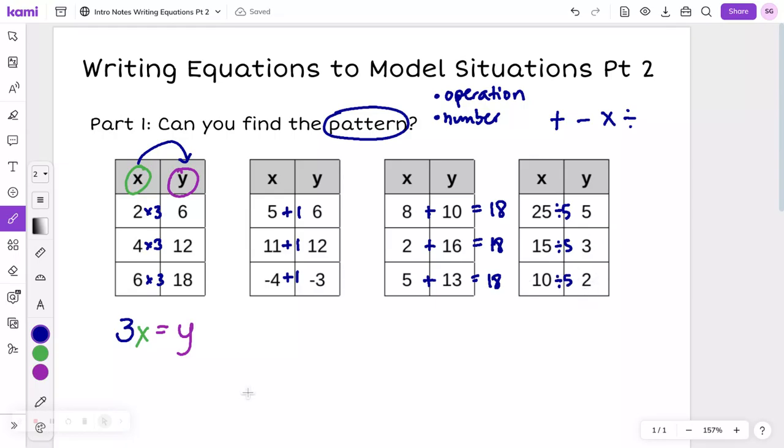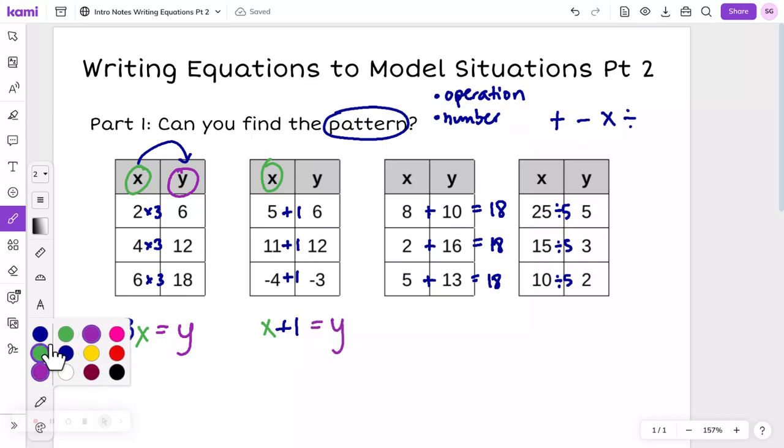Once you have these patterns, that's what helps you write your equations. So similar to what we did for this first one, I can write my equation for this table here by saying x plus 1 is going to equal our y.